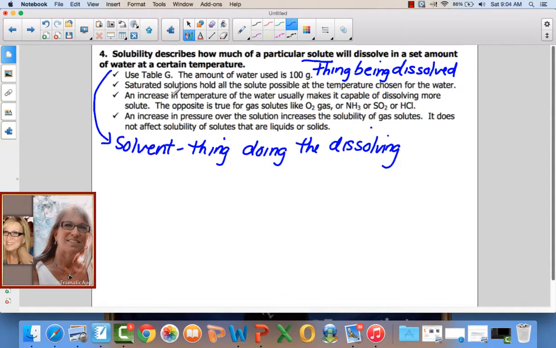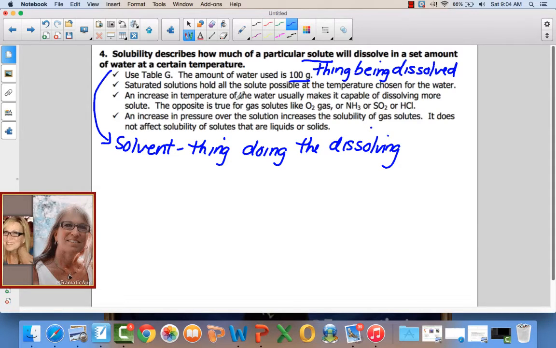We're going to use table G. This table uses 100 grams of water. So if you're given anything other than 100 grams of water, you have to set up a proportion so that you can make adjustments for either more water or less water.